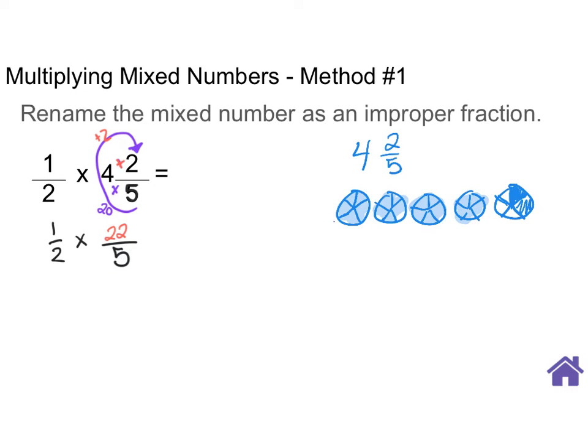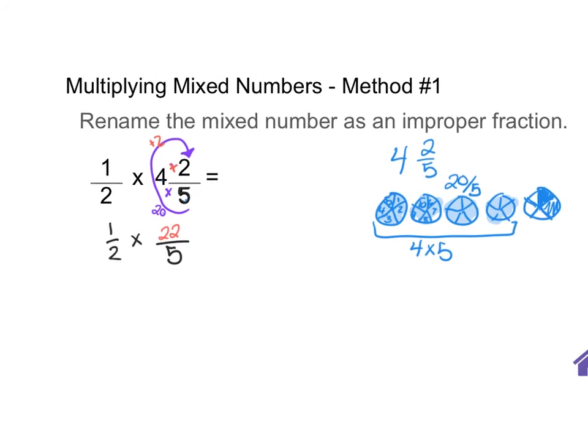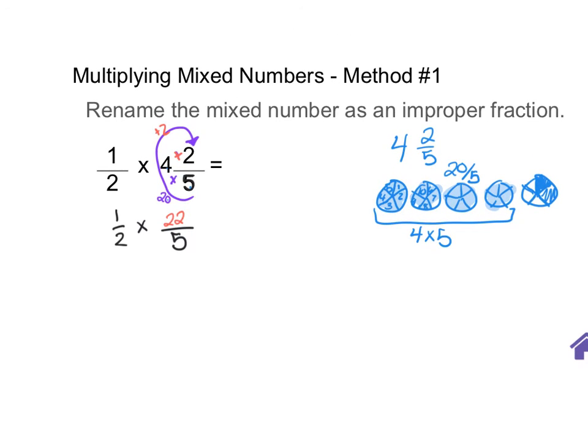Well, I have 4 groups of 5. That's why I multiply over here the 4 times the 5. So, and that is 20. So I have 20 fifths. I could count them. 1, 2, 3, 4, 5, 6, 7, 8, 9, 10, right? But it's a whole lot easier to just multiply the 4 times the 5.